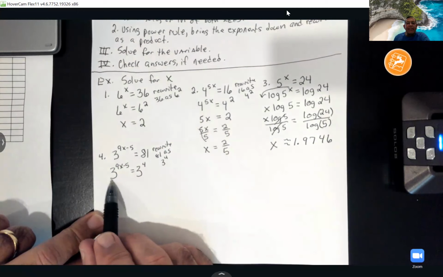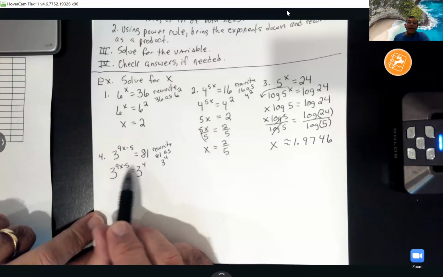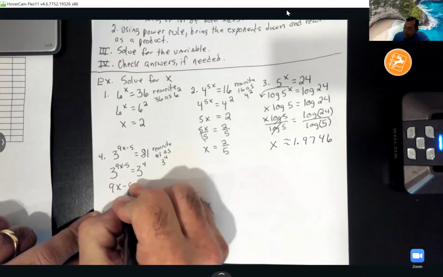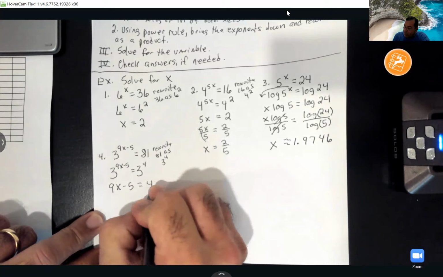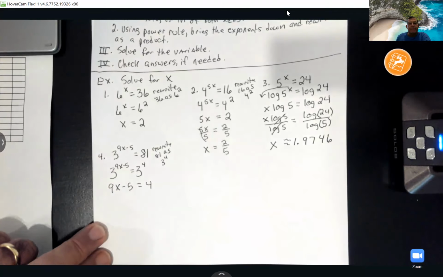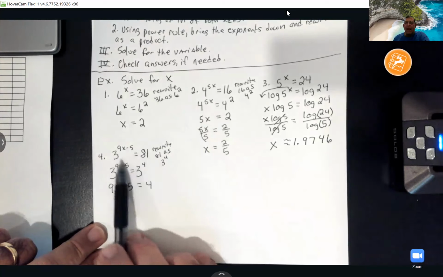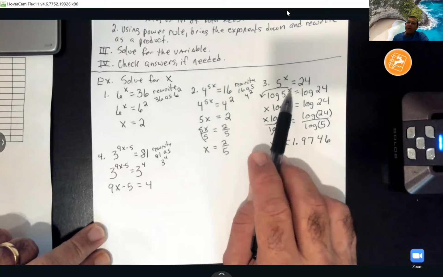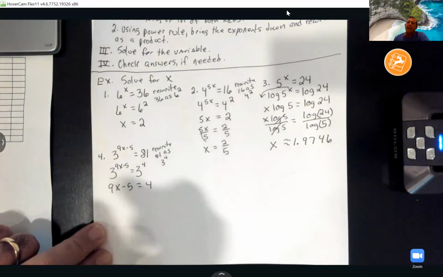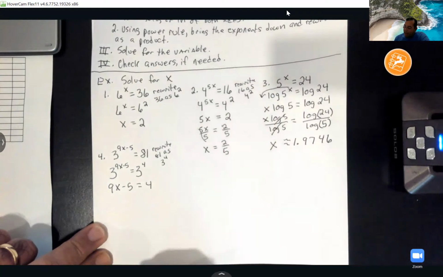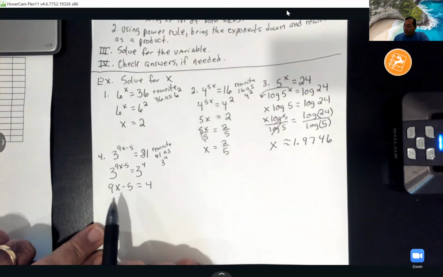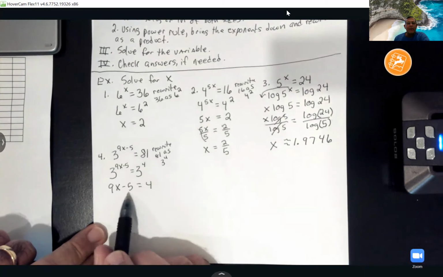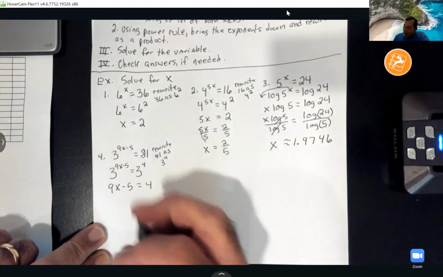All right, my bases match. So that means the exponents have to be equal. So 9x minus 5 has to equal 4. So y'all, I don't think these are too bad when you can rewrite them with the same base. When you can't rewrite them with the same base, they're just a little trickier because you got all this log going on, okay? So we're going to solve this and see what this x has to equal. So y'all here, I'm going to add 5 to both sides.